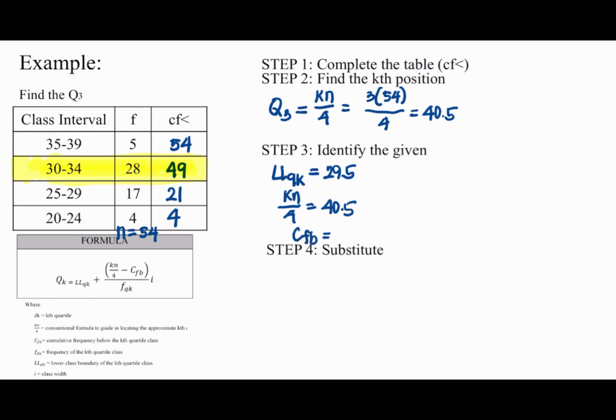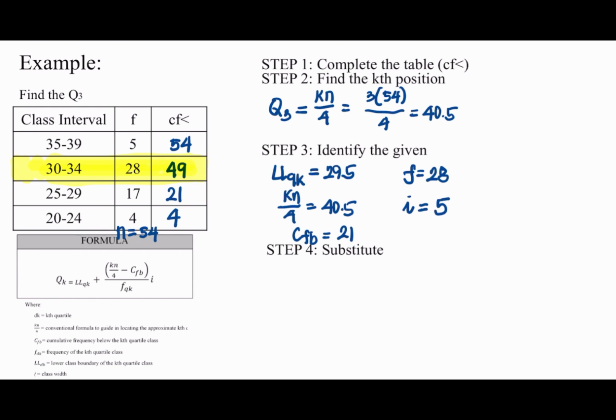So that is 21. Take note, this is taken from the third quartile class, and below it is 21. It's the cumulative frequency below that kth class. Next is the frequency, which is 28. And the last is the class size or the class width: 30, 31, 32, 33, 34. Therefore, it is 5.